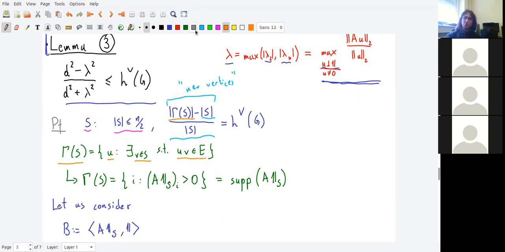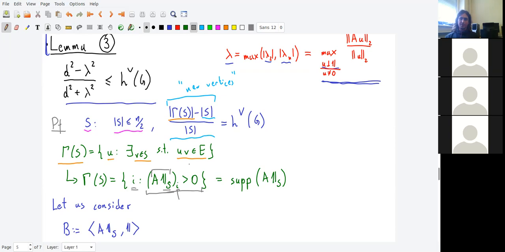So in other words, if I start by putting ones on the vertices of S, and then I apply my matrix A, the adjacency matrix, in this way I get a non-negative entry exactly at the vertices of gamma of S. So the vertices of gamma of S are exactly all the indices i such that the entry corresponding to the index i in the vector A times the ones on S is positive.